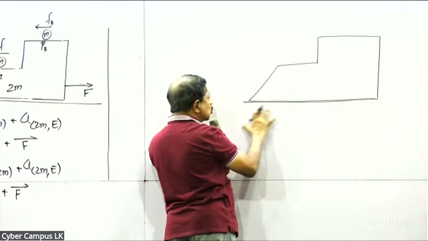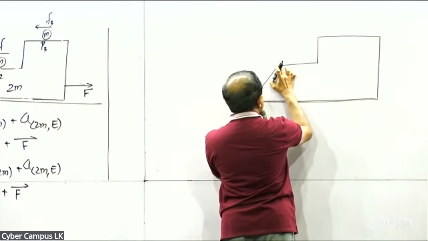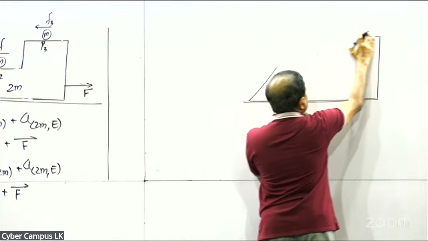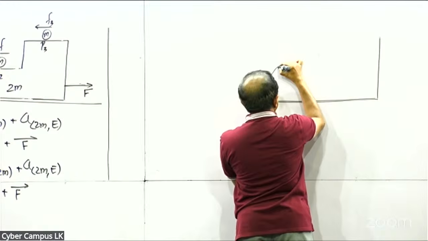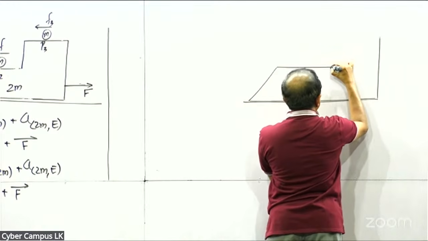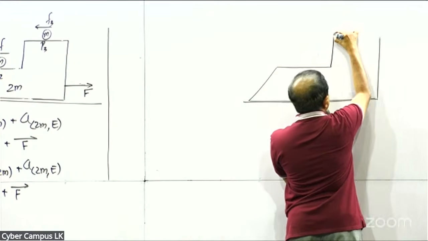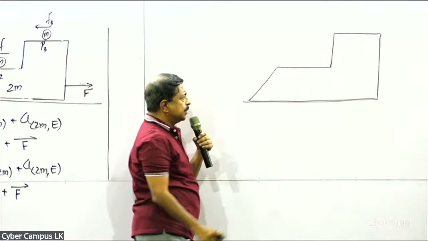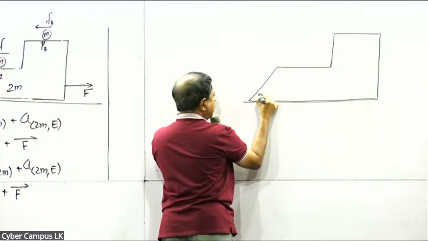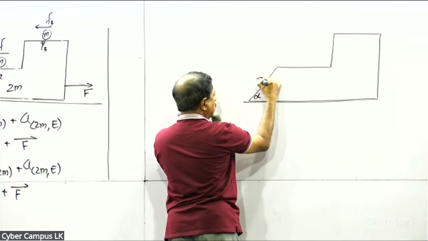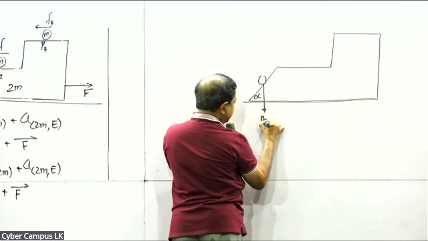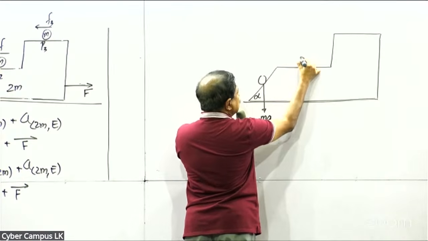I need some room here, more room here, I would say. Otherwise, the diagram will be a little bit congested. Bring these weights all the way down, otherwise it will be too congested.